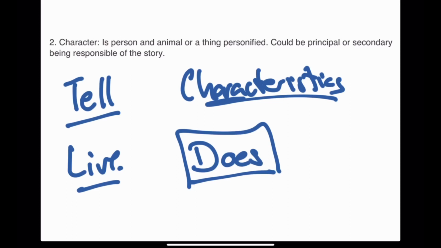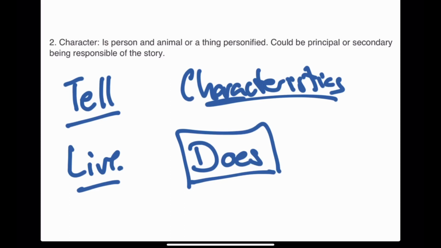So it is very important to have a clear description of each character of the story in order to understand why things happen as they happen. Because it's not the same reaction that one character could have in front of certain circumstances that another one could have, another reaction completely different.